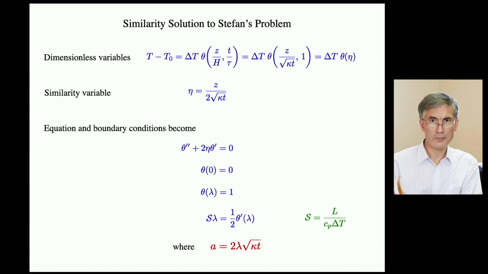So we scale z with H, we scale t with tau, but we said that the only time scale tau is t, and so t over tau is just 1, and z over H is z over the square root of kappa t. So whereas we thought we had a function of two variables, it turns out that we have a function of this new variable, z over root kappa t, and a constant 1. So actually we have a function of just one variable, which I've called eta.